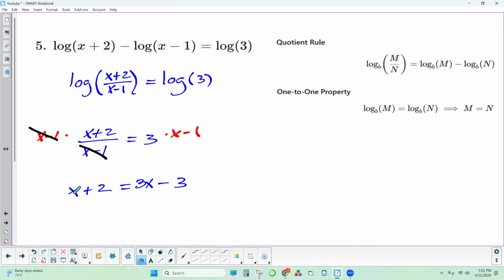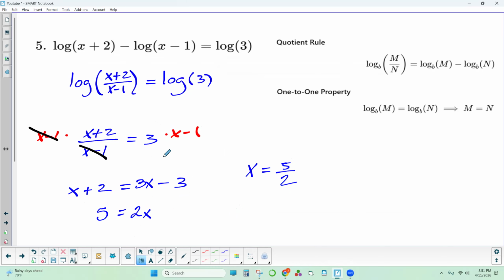All right, so we're going to get our x's over here on one side. So I'm going to subtract x to give me 2x. I'm going to go ahead and take this constant and add it to the left side, which gives me 5. 5 equals 2x, so we'll go ahead and divide, which gives us x equals 5 halves.